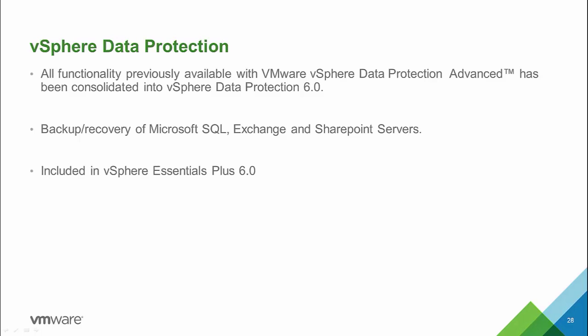Individual databases can now be selected for backup and restore, and it is now possible to restore individual Exchange Server mailboxes. Another change is that now vSphere Data Protection Advanced no longer exists, so all the functionalities that it included are consolidated into vSphere Data Protection 6, and it is available with the vSphere kit anywhere from Essentials Plus and up.